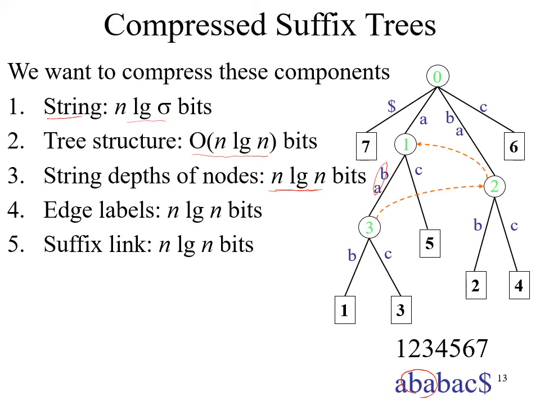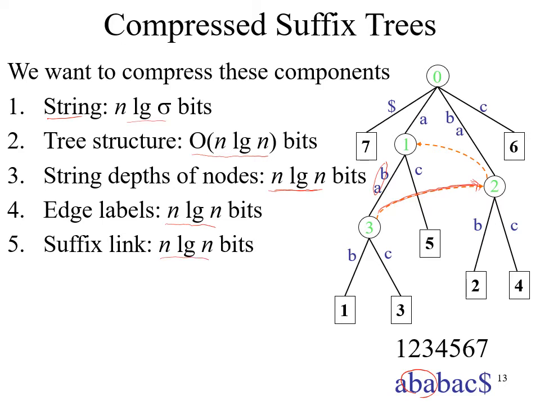So for each node, we need one integer. So we use n log n bits. And we also want to store suffix links. For each internal node, we have one link. So we also need n log n bits.